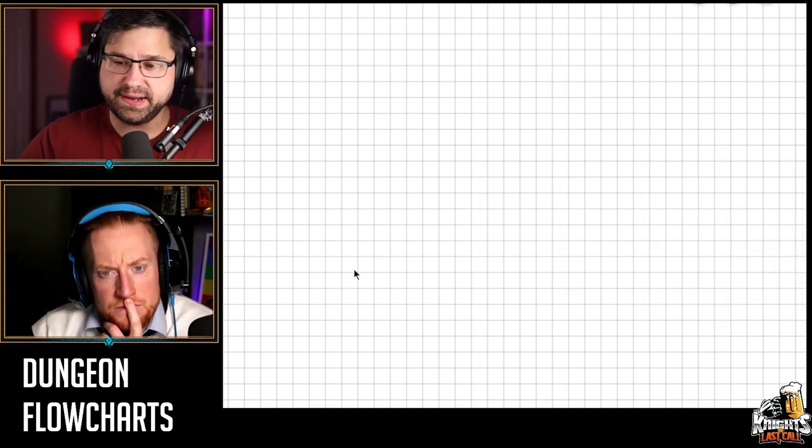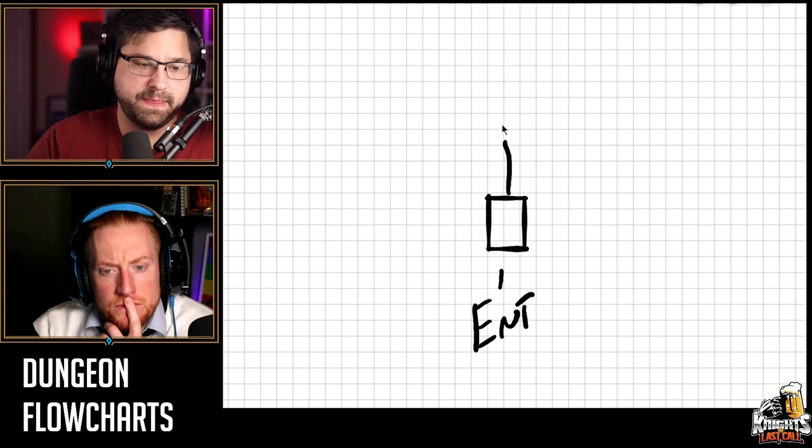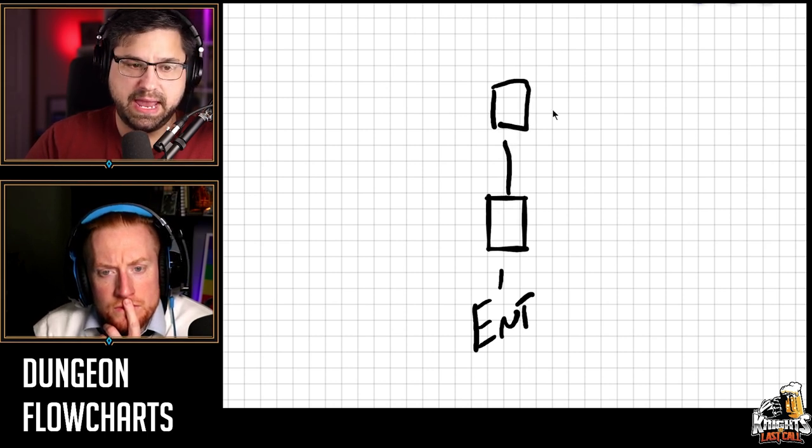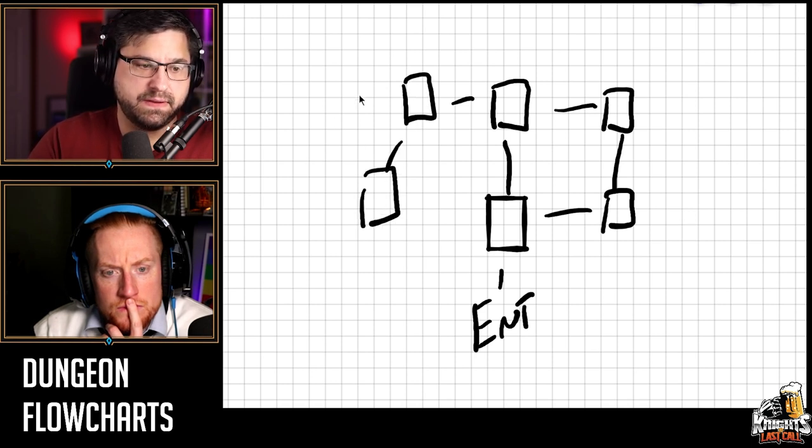For example, let's say we've got our entrance here. You come into this room, you come over here, you come up here, and you've got this basic layout. And then you've got this room right here, and this maybe goes over here.